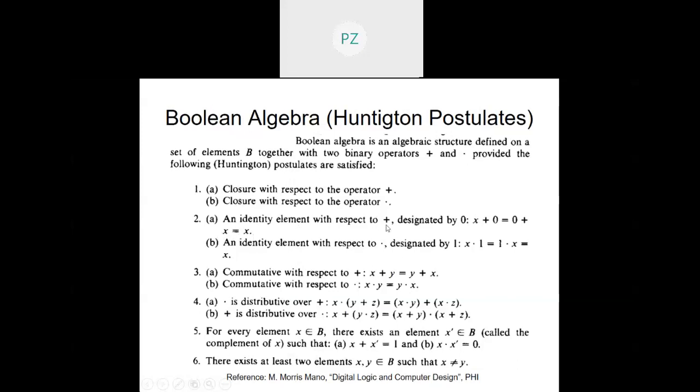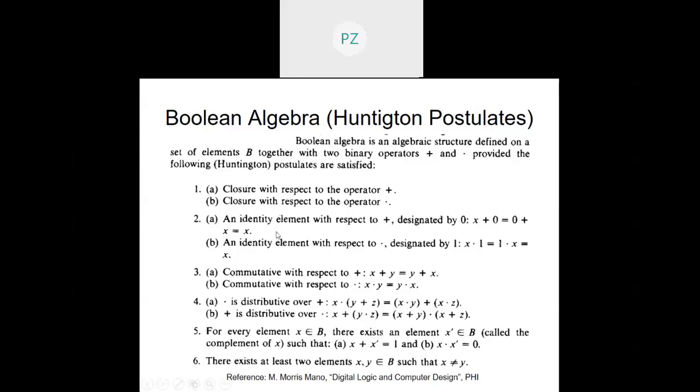Whenever I carry out the OR operation with the binary element 0, the output remains the same. That is what identity element means. If you remember, in conventional algebra, the identity element for addition is 0. Anything plus 0 gives you the same thing, like 5 plus 0 is 5, 10 plus 0 is 10.